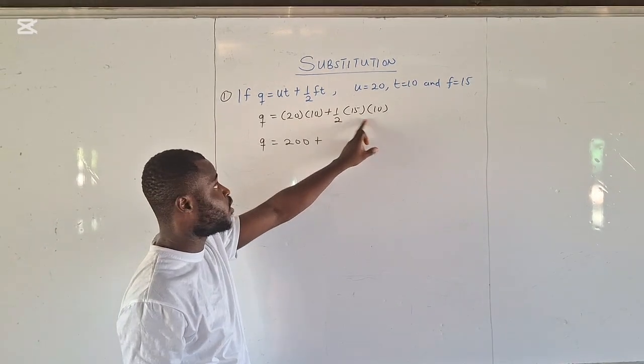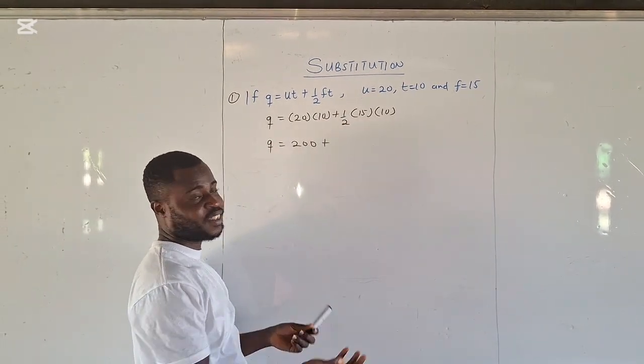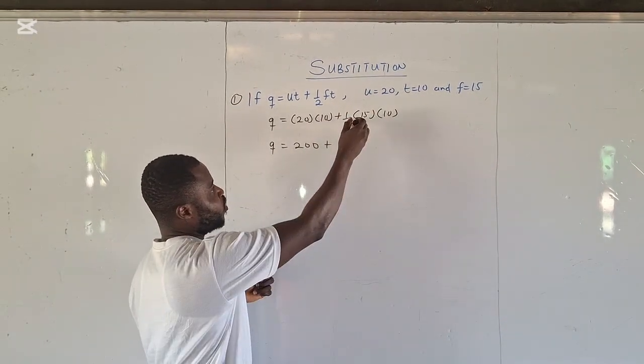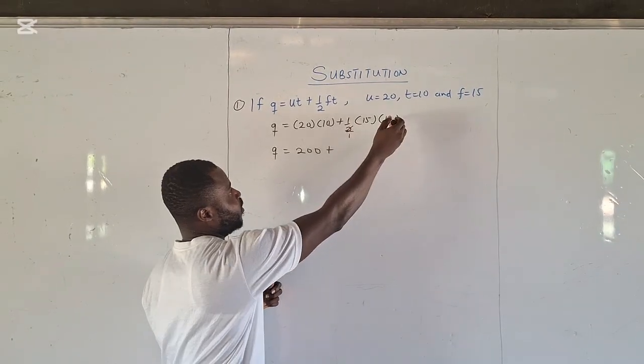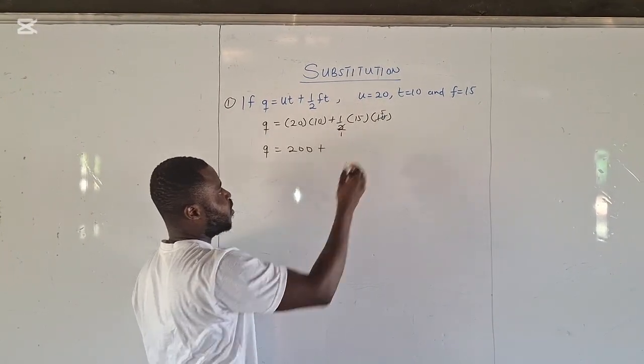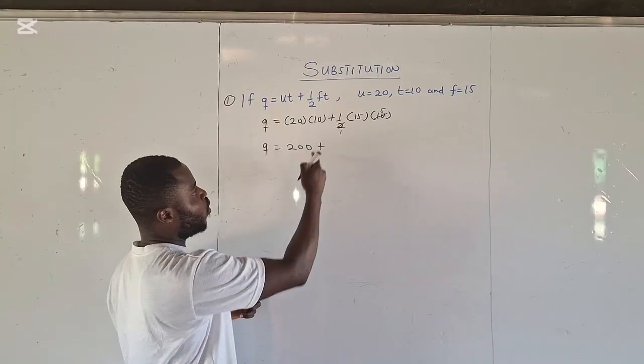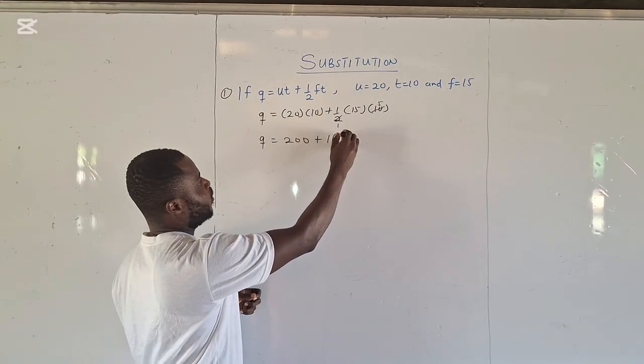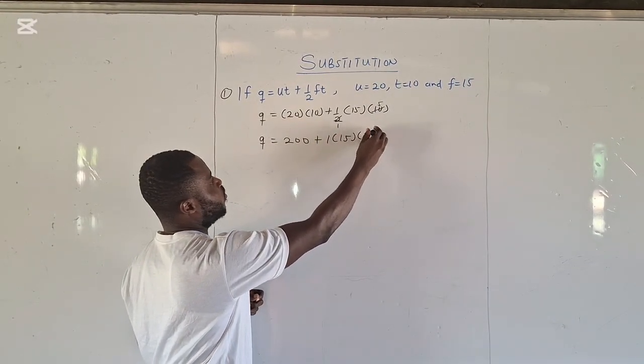Which of these two numbers can 2 easily divide? It is 10. So we cross out this 10, then this one giving us 5. So now what do we have here? We have 1 times 15 times 5.